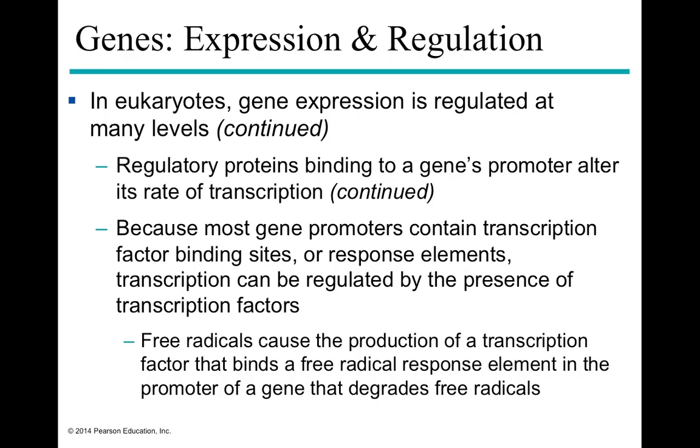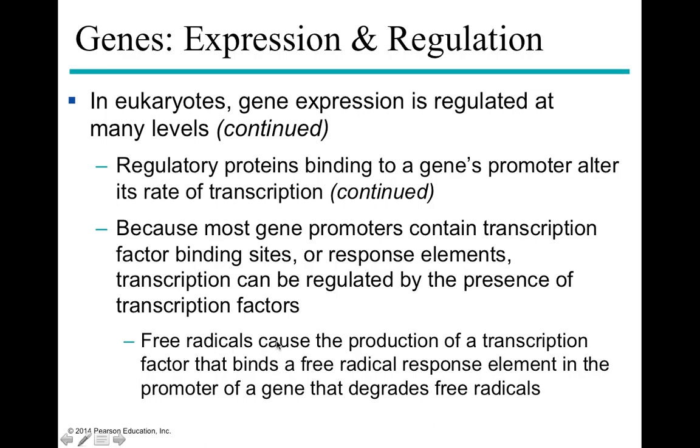All right, so we have these transcription factor binding sites that are located near or on the gene's promoter region, and those are called response elements, and these are going to help regulate the rate of transcription, right? So the presence of transcription factors can increase or decrease the rate of transcription of particular genes. We can also have free radical interruption.